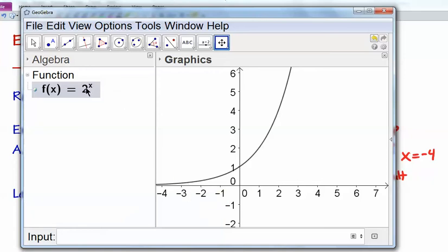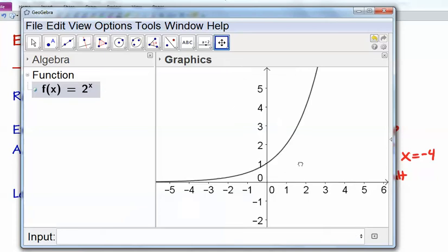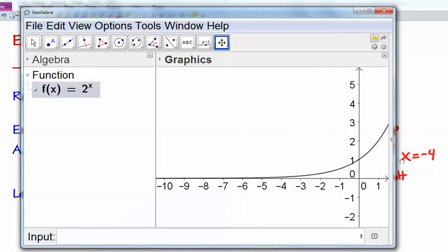And if we put -3, 2 to the -3 would be 1/8, and then 1/16, and then 1/32. So it's going to be getting smaller and smaller, but never 0. In fact, if I slide the graph this way, you can see that it never actually hits 0.